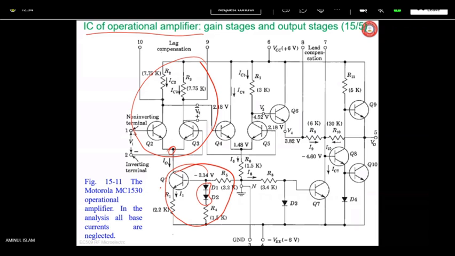This is 0.7, this is 0.7, and here it is minus 6 volt. So you get VBN8 equal to minus 4.6.